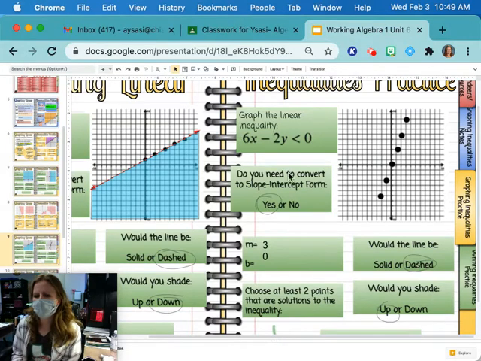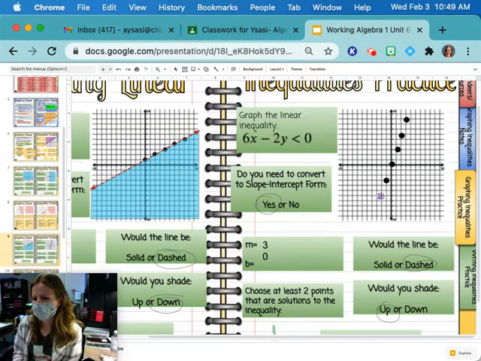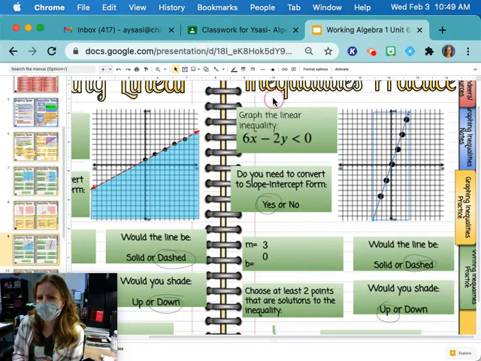So we know it's going to be dash because we already wrote it here. So let's get a line. And I need to make it dashed again.